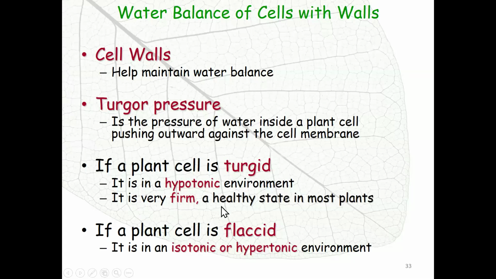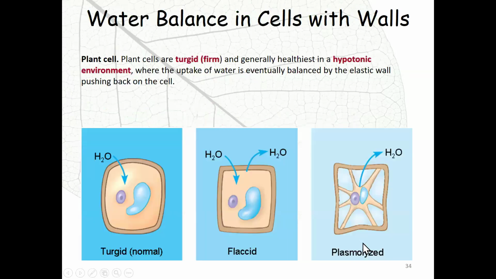It is very firm, a healthy state in most plants. So this turgidity in the plant cell is really crucial. If a plant cell is flaccid, it is in an isotonic or hypertonic environment. So these are very simple things. I guess if you follow, you can easily go through.